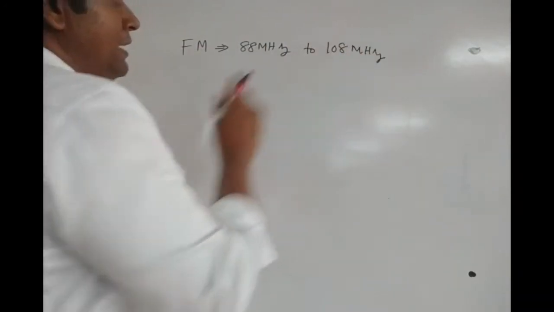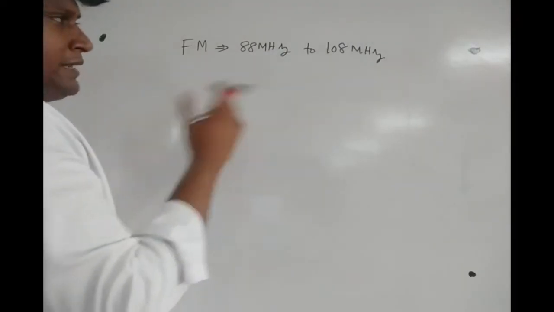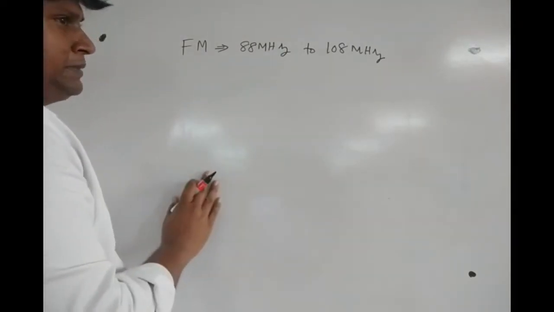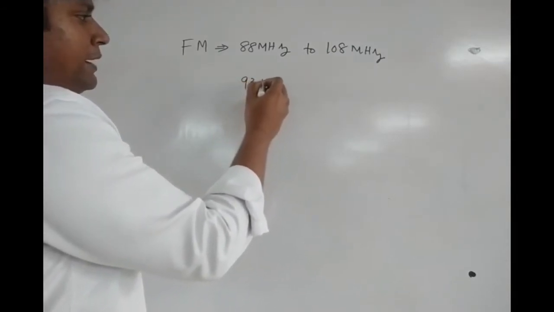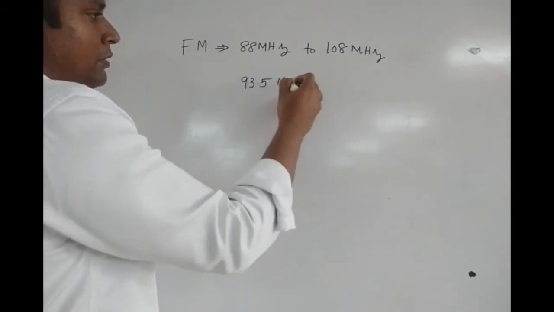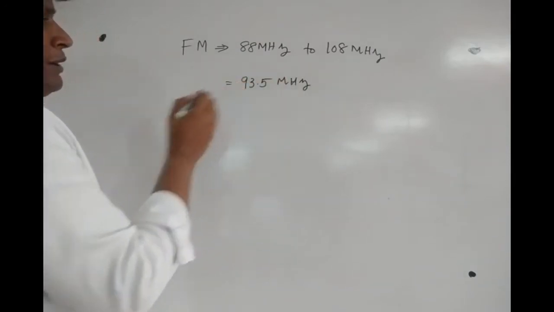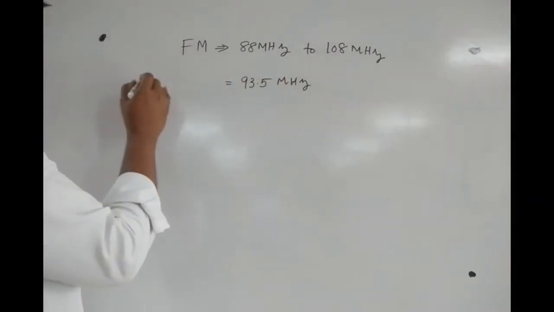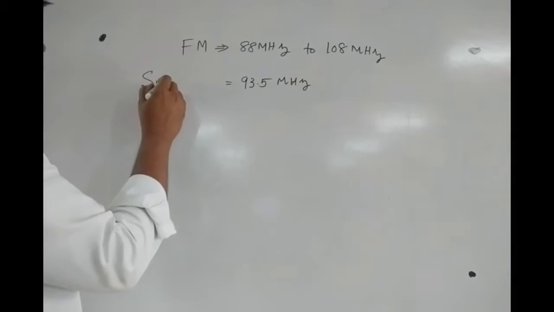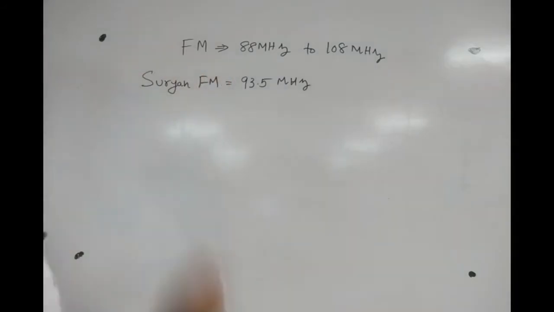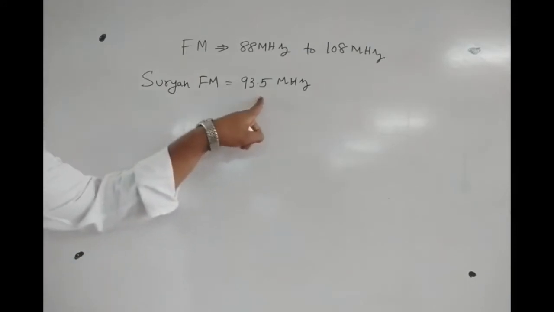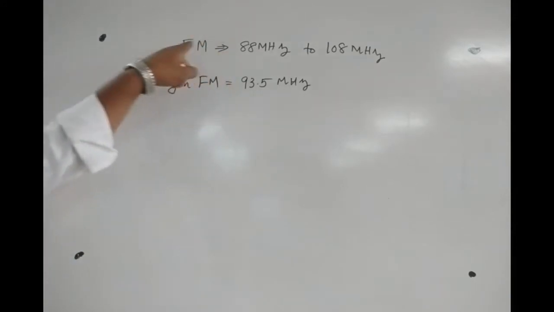Specifically, I try to design an antenna which should transmit and receive 93.5 megahertz. You very well know this frequency corresponds to Suryan FM, right? So this is the frequency I have fixed, and the application is FM.